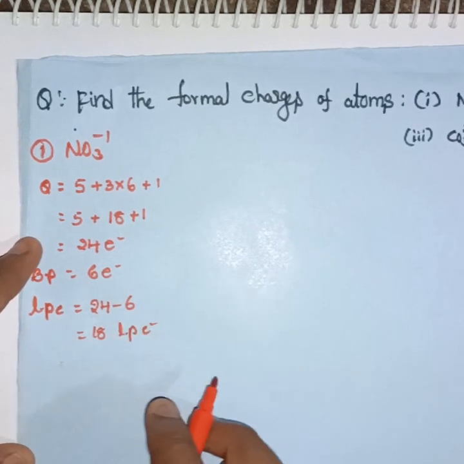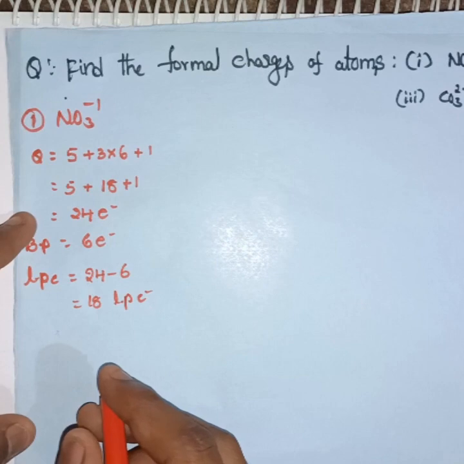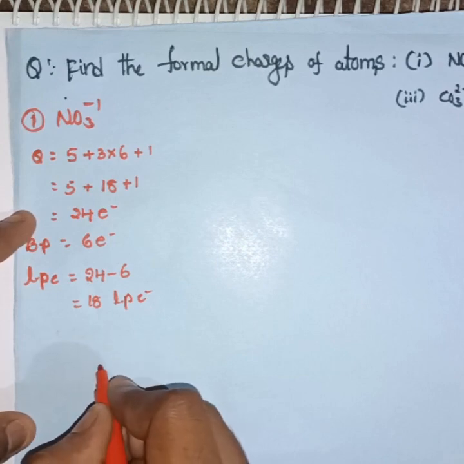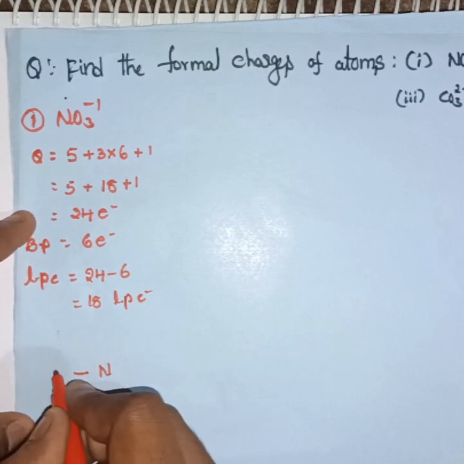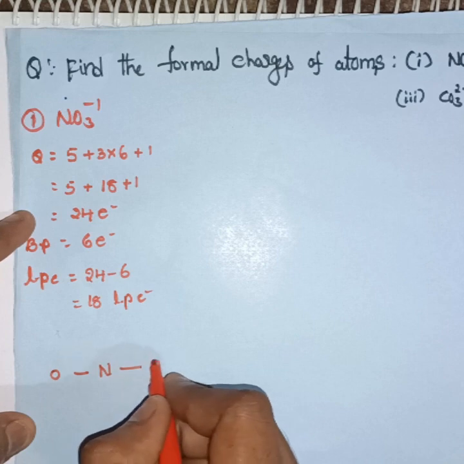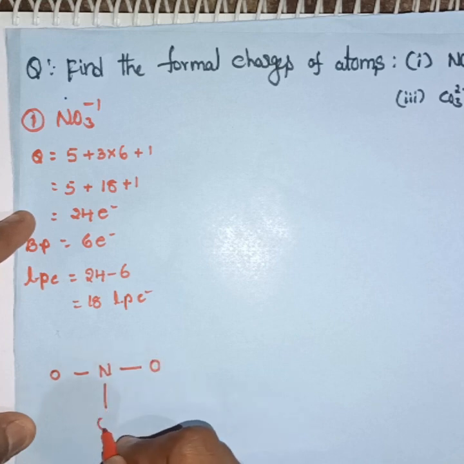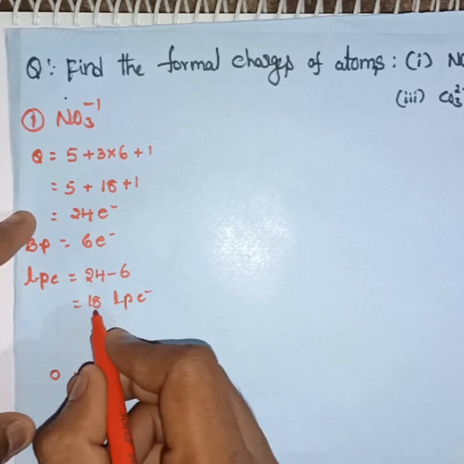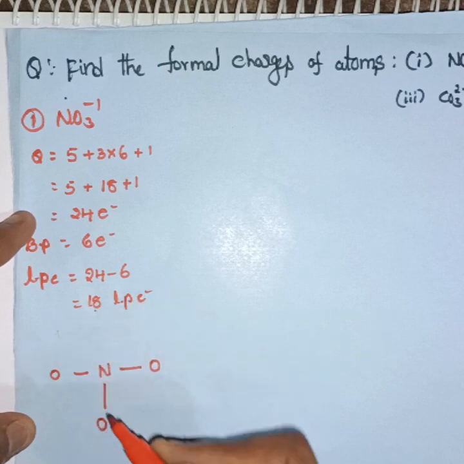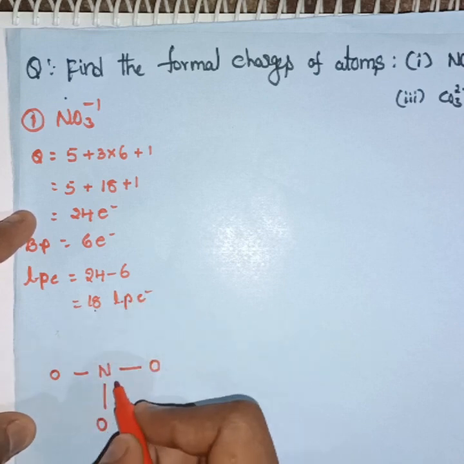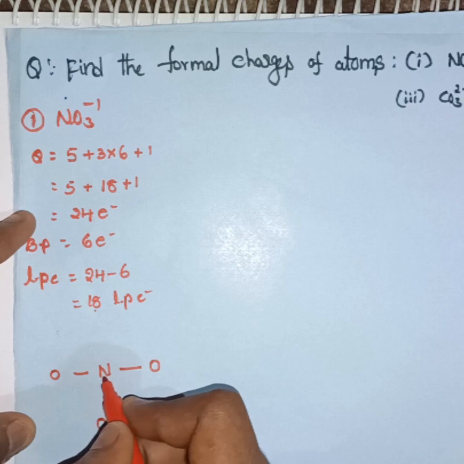Let's draw the Lewis dot structure for the NO3 minus ion. That is N O O O. Here we have to fill 18 lone pair electrons in this molecule. The maximum covalency of nitrogen is 5.